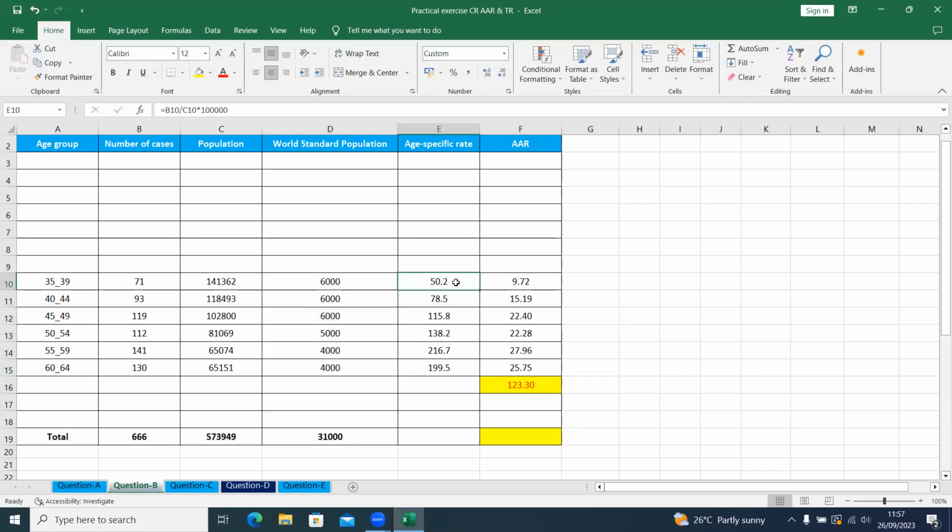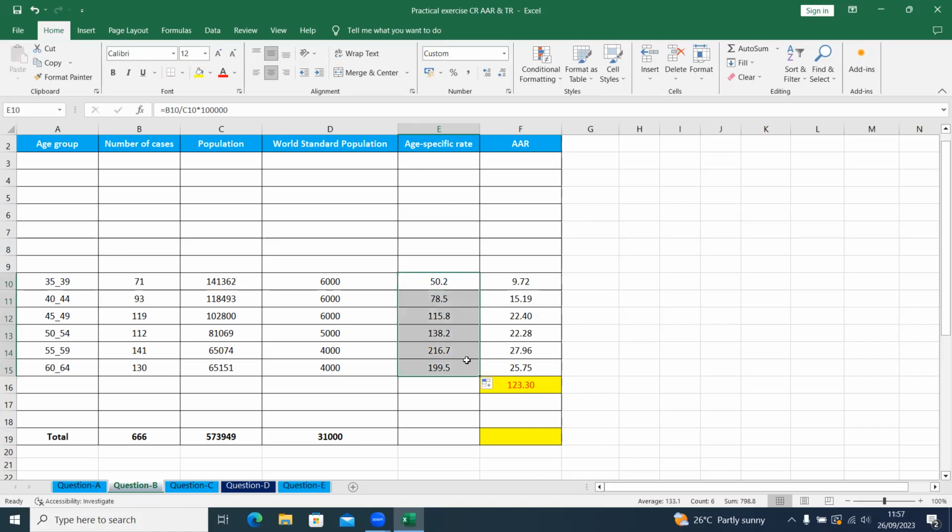Now the next step is to calculate age specific rate. I will do it again. It is equal to the number of cases in the 35 to 39 age group divided by the population of that age group into 100,000. Here I am calculating age specific rate.